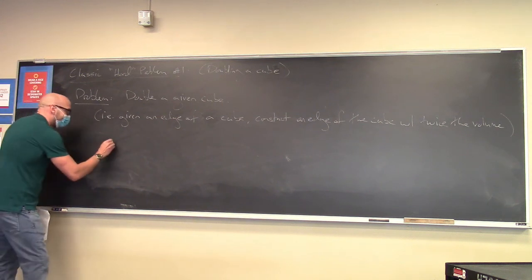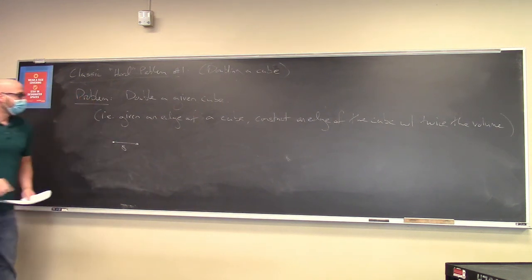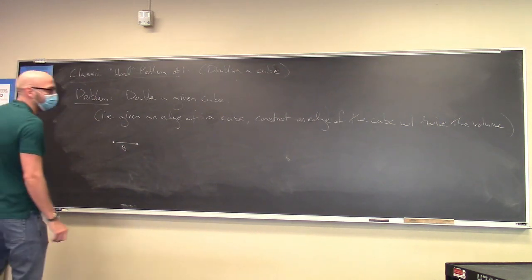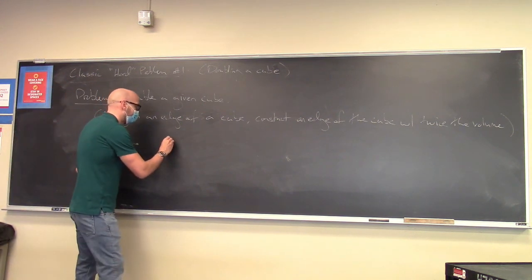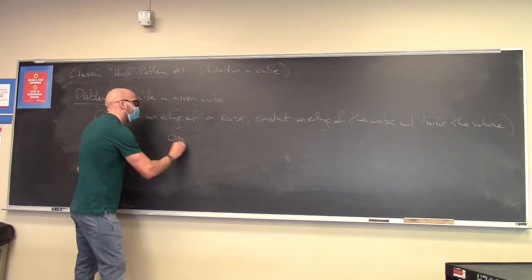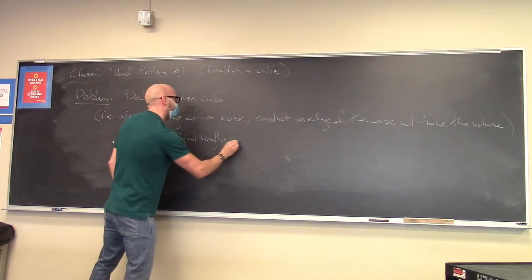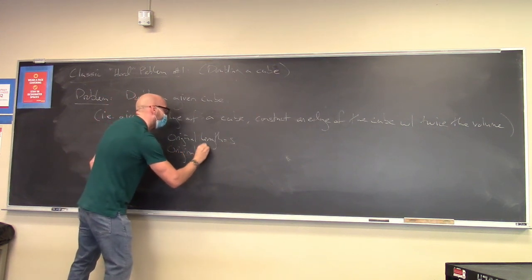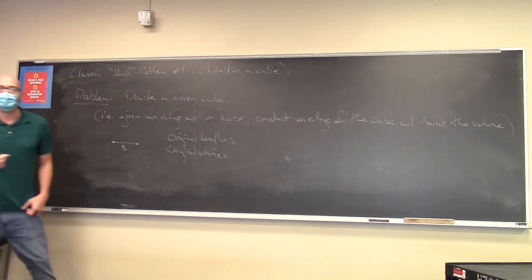All right, so once again, if I have an s, can I find from here a length that would be an edge of the cube with twice the volume? Well, if our original length is s, then our original volume, what's the volume going to be?